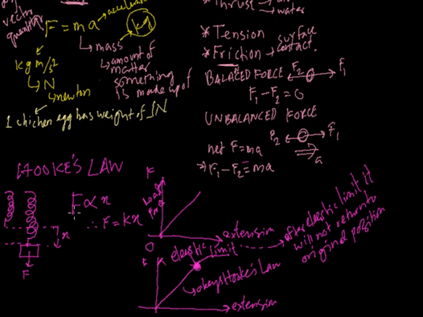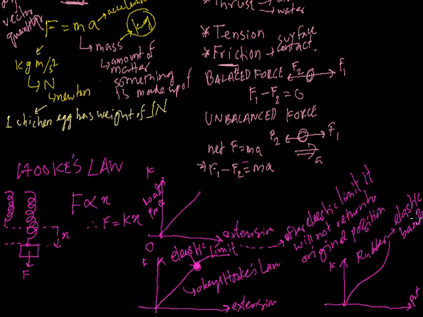One more thing that must be added is that rubber does not obey Hooke's law. Elastic bands are usually made up of rubber. So for rubber, the graph would be like this. This is for rubber or elastic band, which is made up of rubber. Since elastic bands are made up of rubber, they do not follow Hooke's law and they do not come back to their original position.